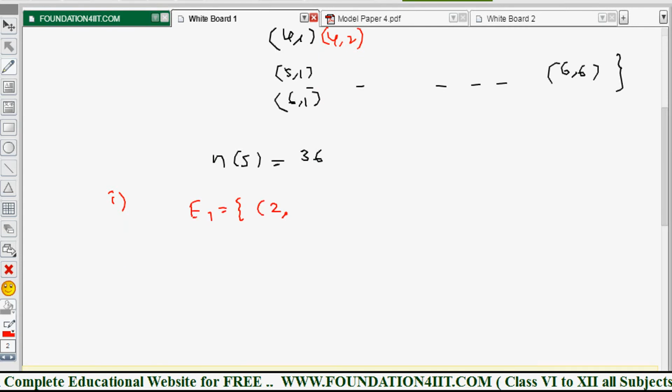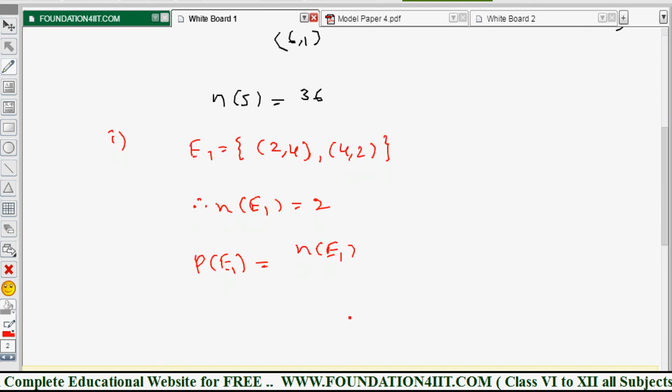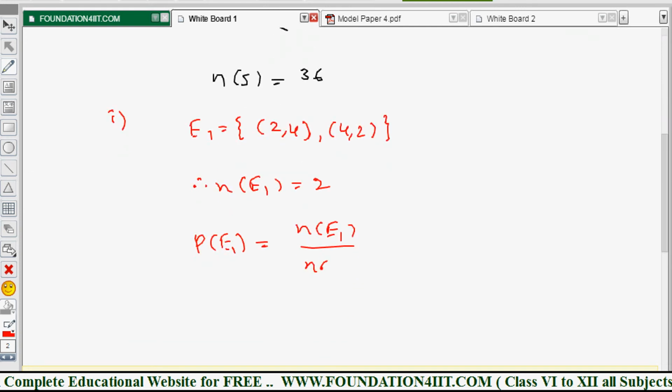So we have only 2 comma 4 and one more, 4 comma 2. Both of these. Therefore n of E1 is equal to 2. Then the probability of this event is n of E1 by n of S, so 2 by 36, which is 1 by 18. So 1 by 18 is the required probability.